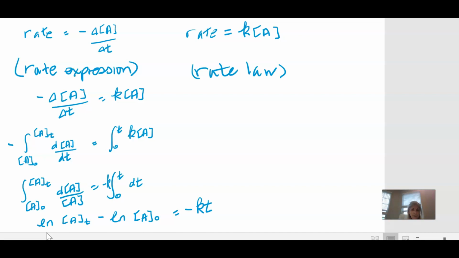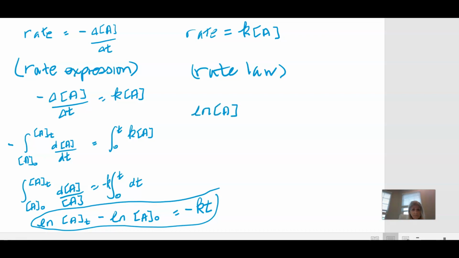So right here you have the first order integrated rate law, and a lot of people then add this to the other side. That would give us natural log A of t. I just added the natural log of A initial to the other side. I have a little typo here, don't I? There's no equal sign here.